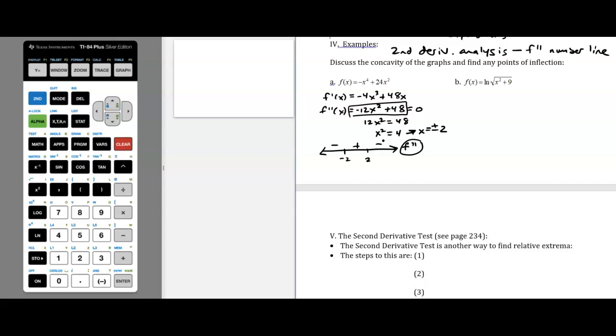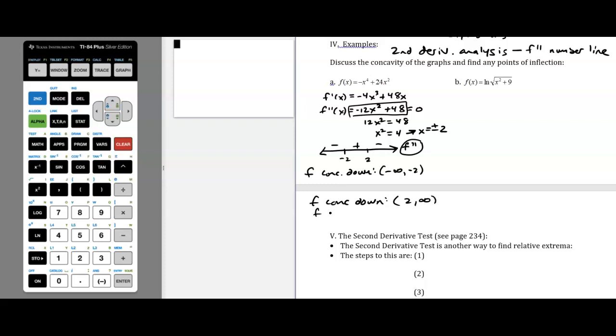Remember, this isn't increasing and decreasing for our function now. This is telling us that our function is concave down on the interval from negative infinity to negative 2. Also, f is concave down on the interval from 2 to infinity.